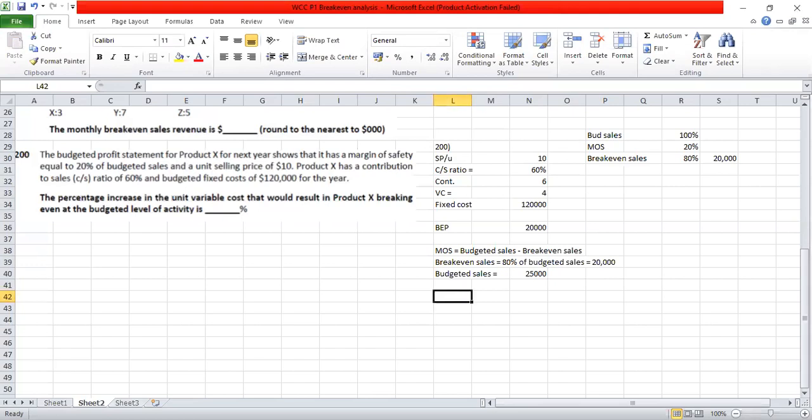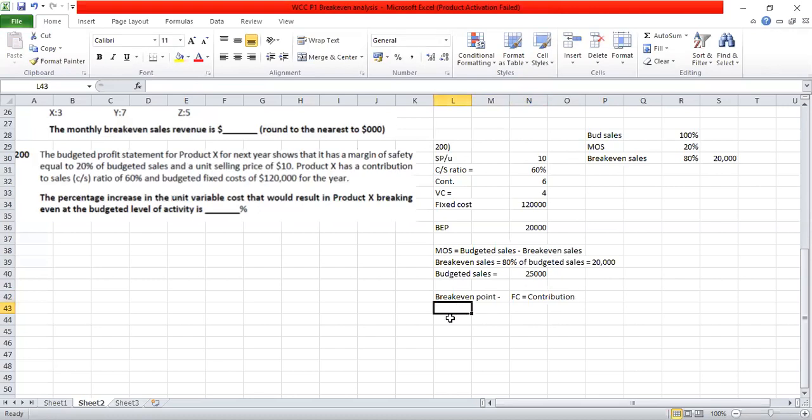See the concept of break-even point: it happens where fixed cost is equal to the contribution. So now what is the contribution generated at 25,000 units is what has to be calculated, and that amount should be equal to the fixed cost.